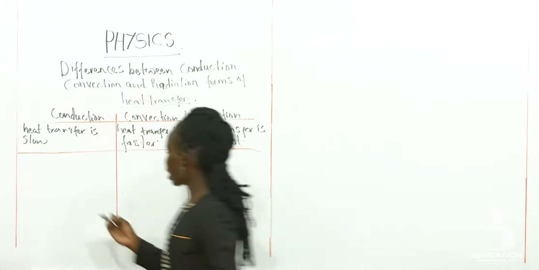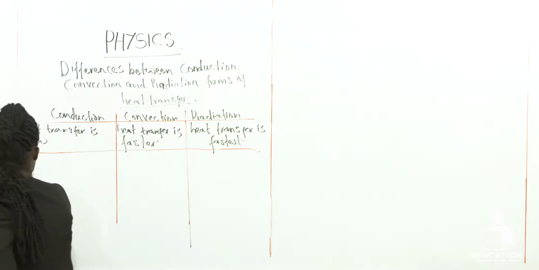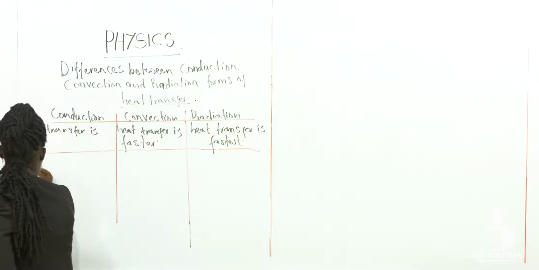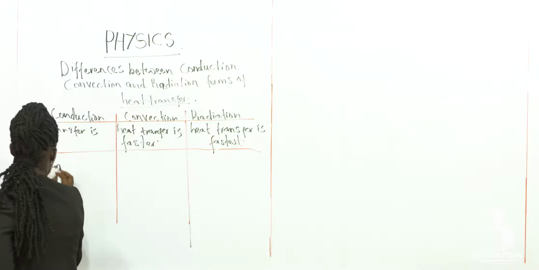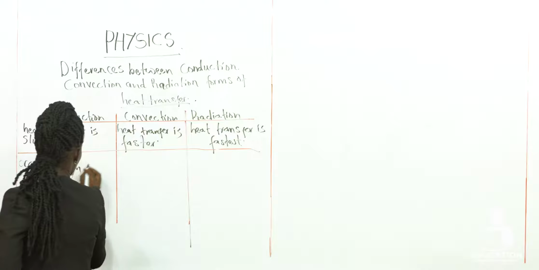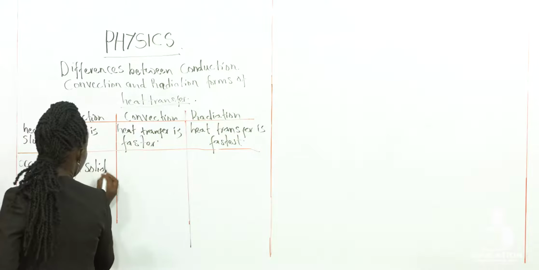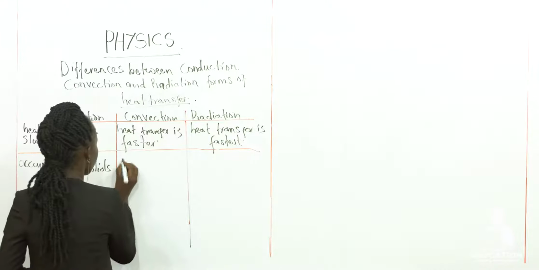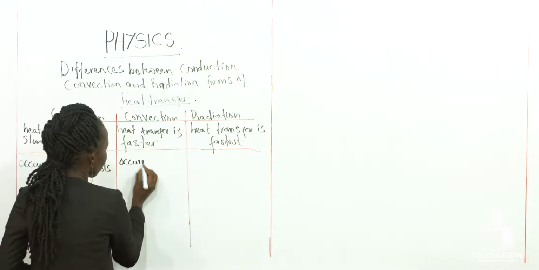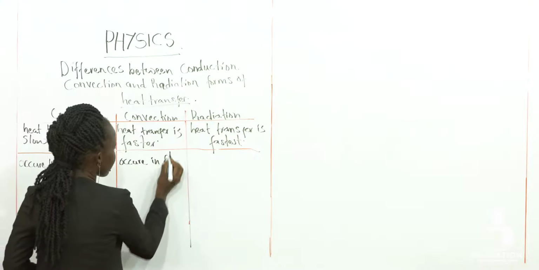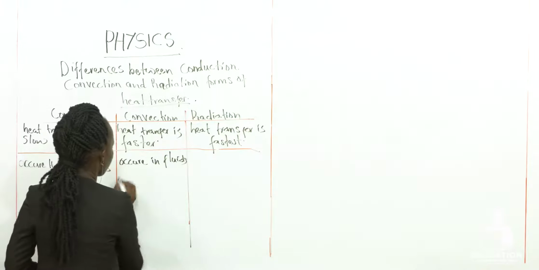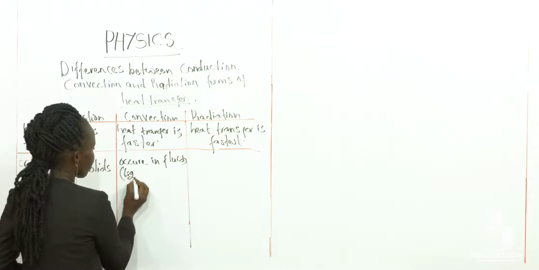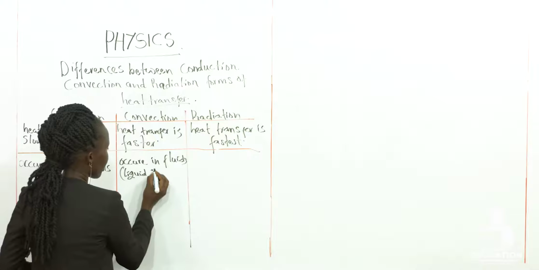So this one occurs in solids. They occur through solids, or you can say solid particles. Here, they occur in fluids. So we can say either it is liquid or gases.